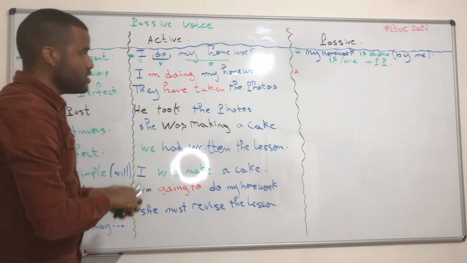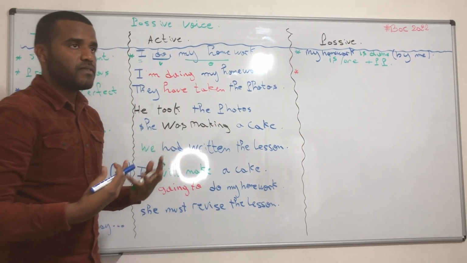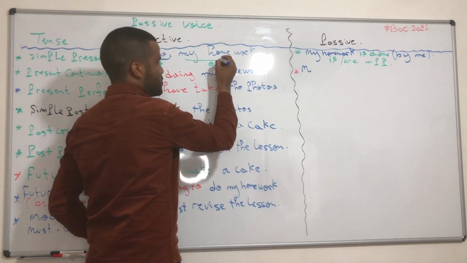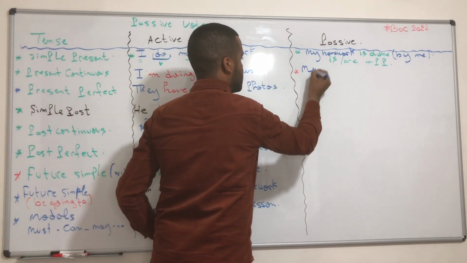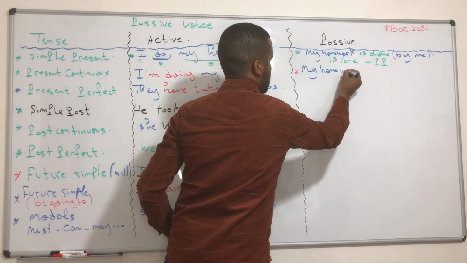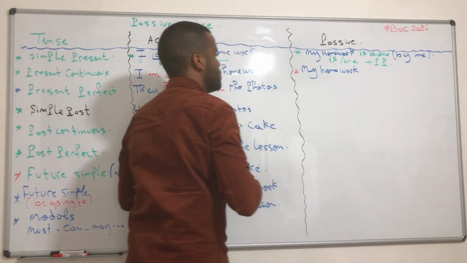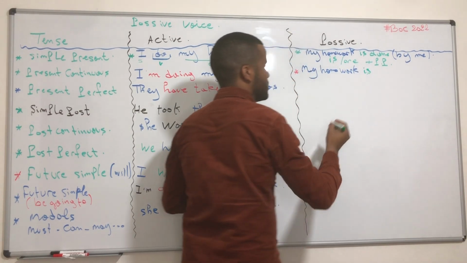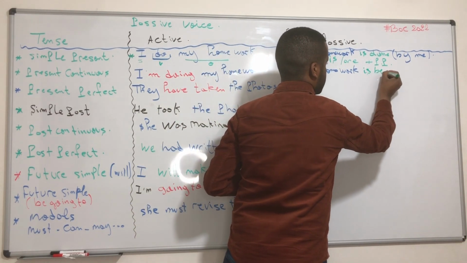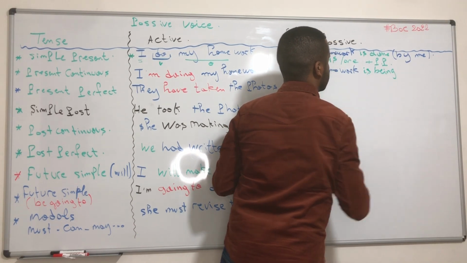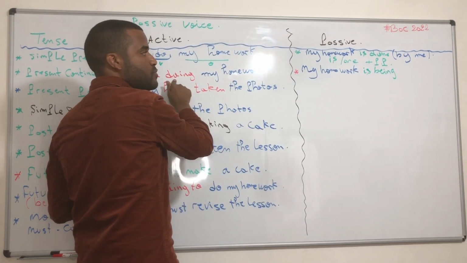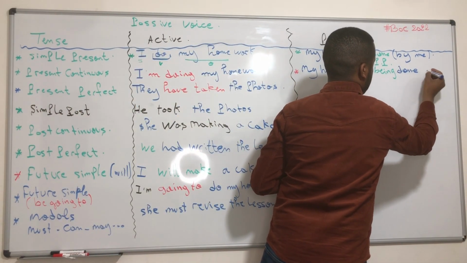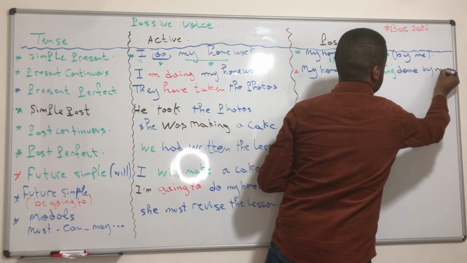If you want to do it in the passive voice, we take the object as we notice here, my homework. So is, and we have to conjugate the verb to be in continuous, is being, plus the past participle of the verb do, done, by me.